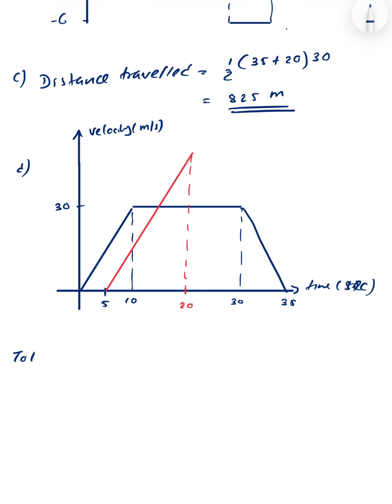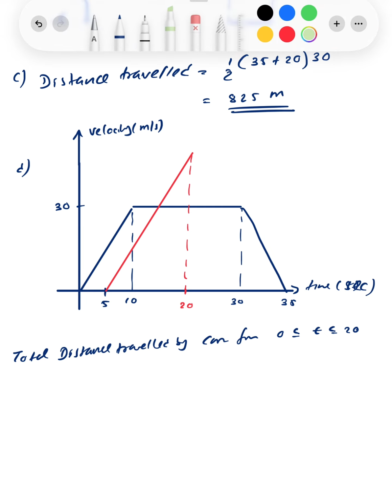So we can say total distance traveled by car from 0 to 20 seconds, because at the 20th second the motorcyclist catches up with the car. So that means they are talking about this entire area which is traveled within the first 20 seconds. That is a trapezium once again.